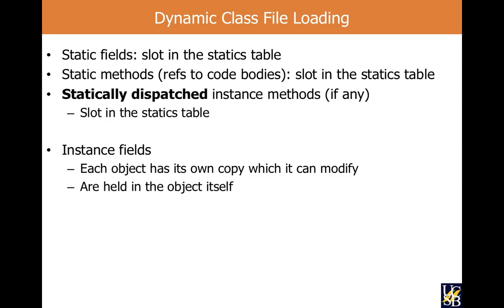And so that method can be statically dispatched. We know exactly which one it is. However, it operates on an object instance, so therefore it's an instance method. All other methods are dynamically dispatched in Java, similarly to methods in C# that are marked virtual and methods in C++ that are marked virtual.